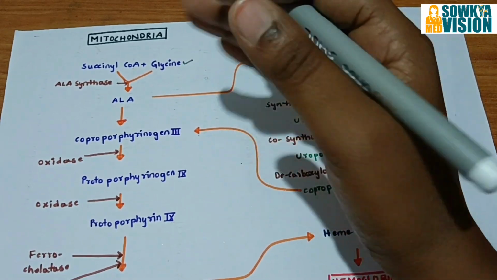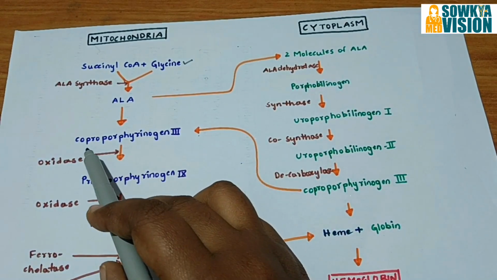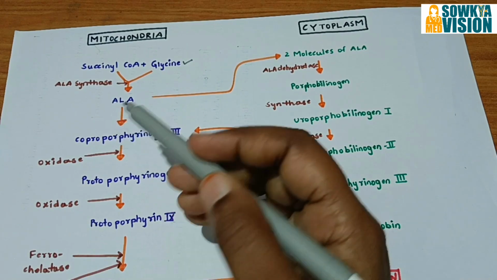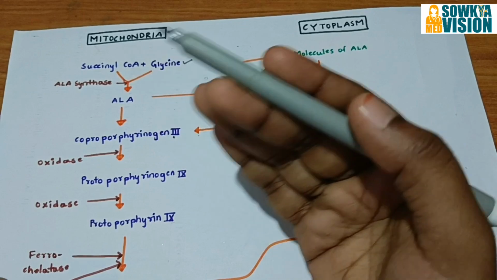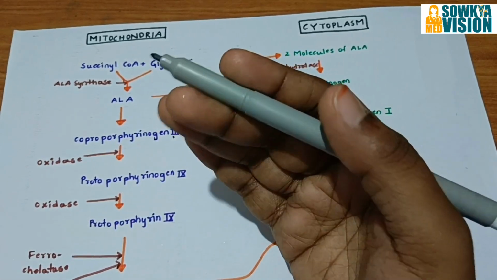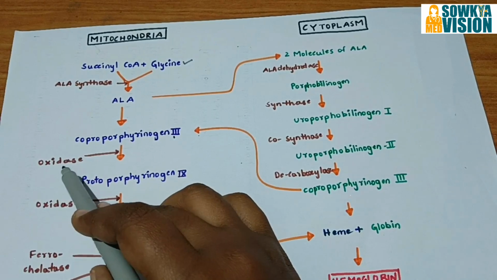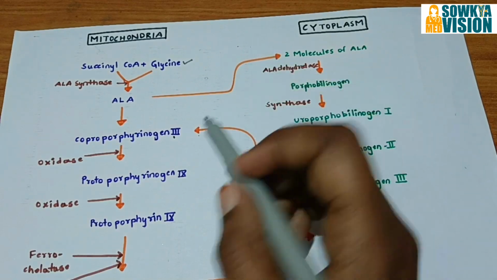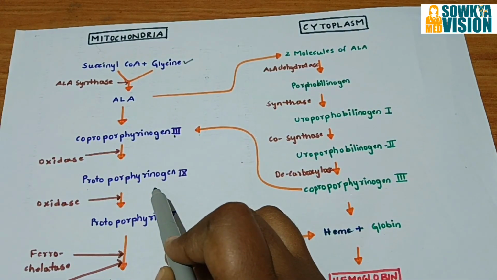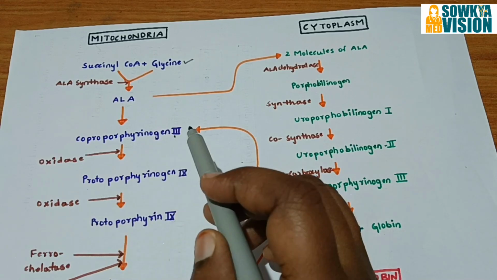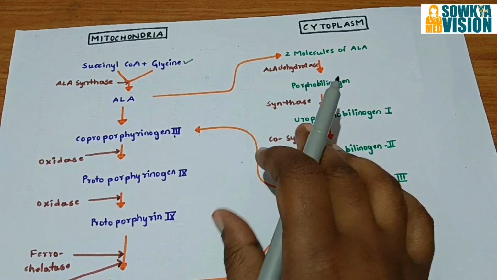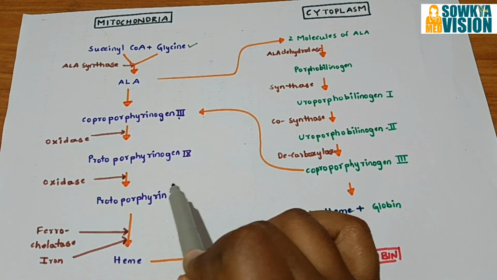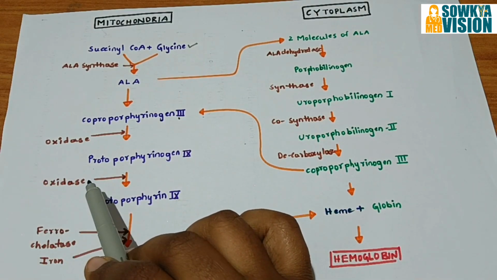It is then further converted into coproporphyrinogen 3. In the presence of oxidase, the coproporphyrinogen is converted into protoporphyrinogen 9, and then again into protoporphyrin 9 in the presence of oxidase.